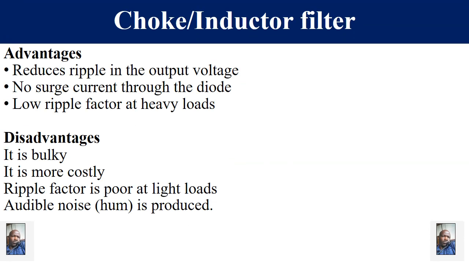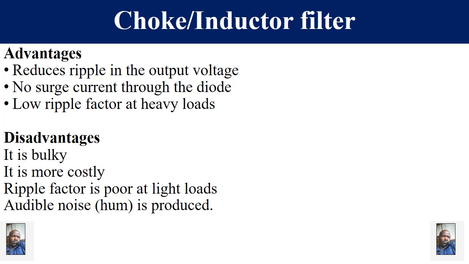Advantages and disadvantages of an inductor filter or a choke filter. It reduces ripple in the output voltage, and there is no surge current through the diodes, which is what happens with a capacitor filter. Then low ripple factor at heavy loads, which means it is able to handle heavy loads.